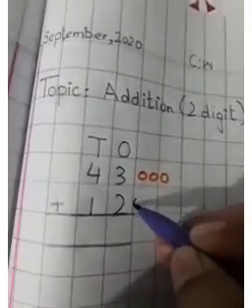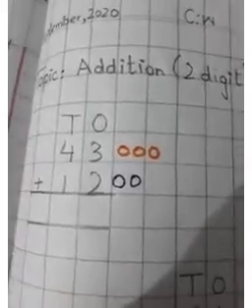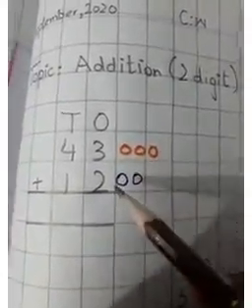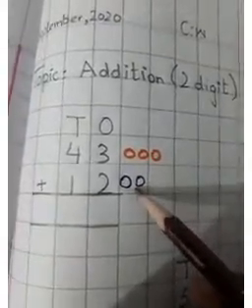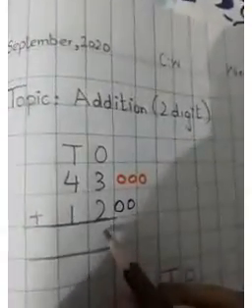For 2 how many counters will I make? 2 counters. Okay, now let's add up all together. 1, 2, 3, 4, 5. So what is the answer? 5. 3 plus 2 is 5.